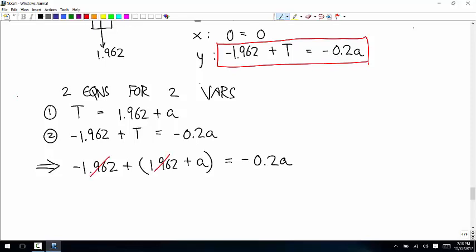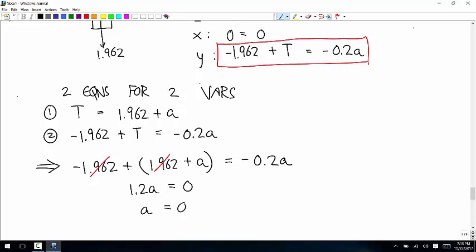These two things cancel out. And you get 1.2a is equal to 0. a is equal to 0.